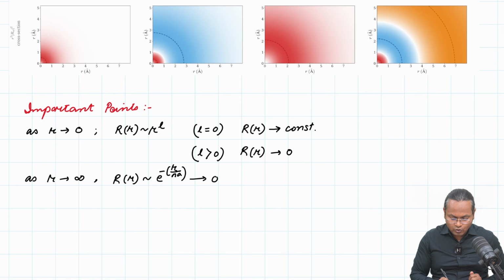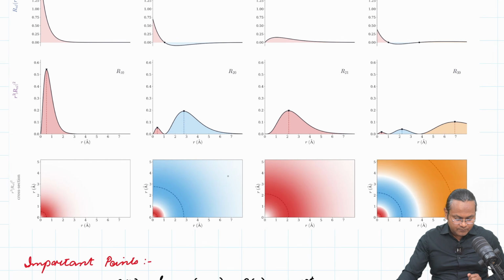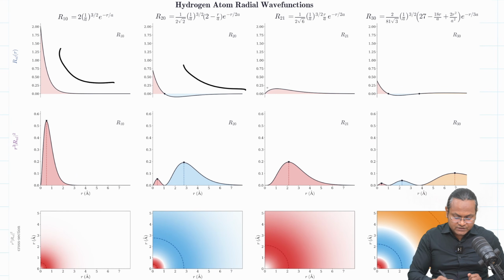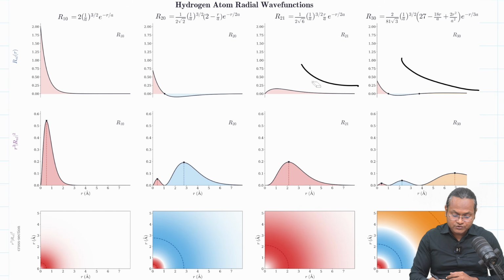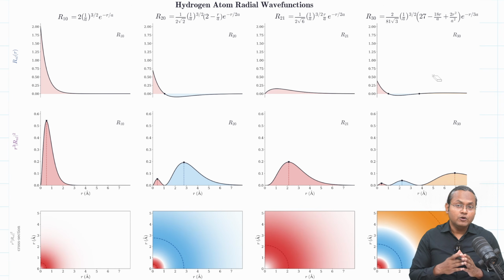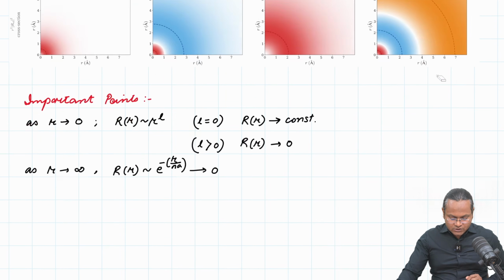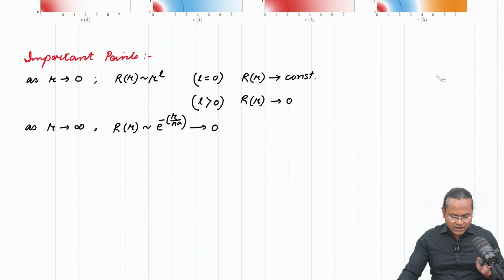So as you can see here, the function goes to 0, 0, 0, 0. And this is important because ultimately we want the wave function to go to 0 as we go very, very far away from the nucleus. This ensures normalizability and also a meaningful probability distribution for this kind of a Coulombic potential. So for r is equal to 0 and r is equal to infinity, this is the behavior that we see.